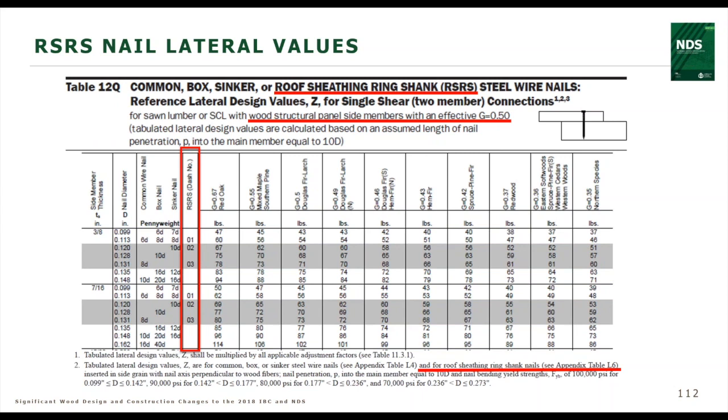Tables 12Q and 12R, which are our capacity tables that are listed in the NDS, were revised. And you can see that they added roof sheathing ring shank nails as one of our fastener options. So you can see the column here that was added.